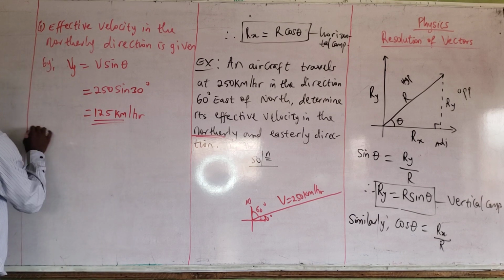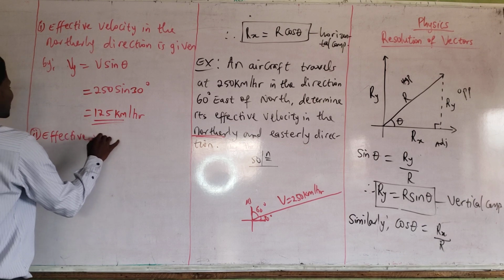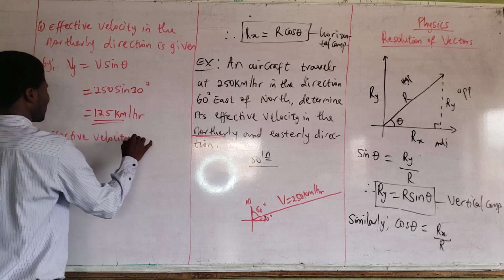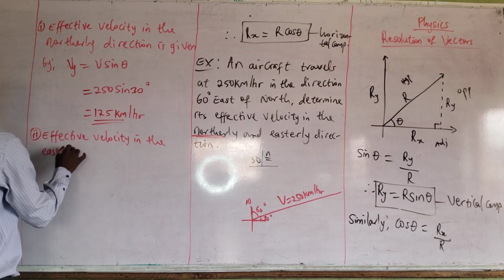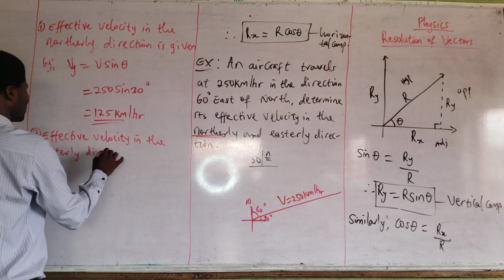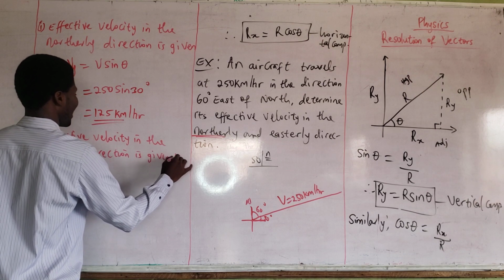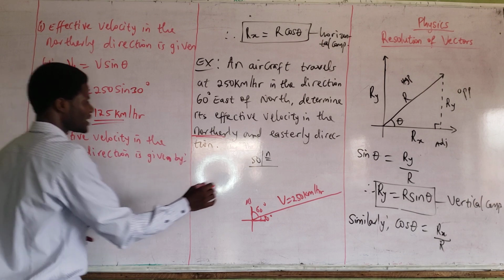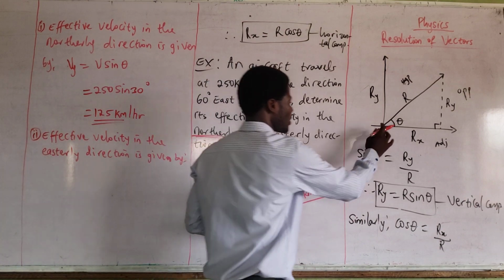Then the second one, effective velocity in the easterly direction is given by, so that is east now. So this is our east. That east corresponds to the what?